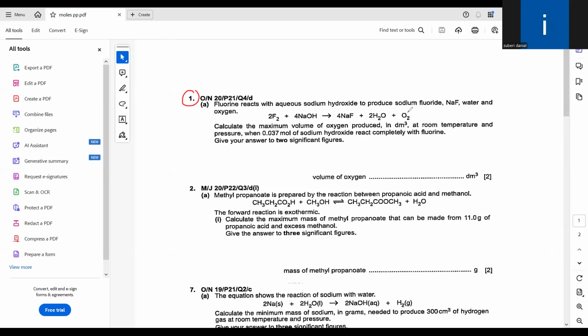Right now they say you have to find out the volume of oxygen, and you're provided with this many moles of sodium hydroxide. The only two formulas we are going to use are mass over Mr or volume over 24. I'll wait for 2-3 minutes, then I'll explain it. Meanwhile, you can try it out. Let's see what challenge you have and what answers you have here.